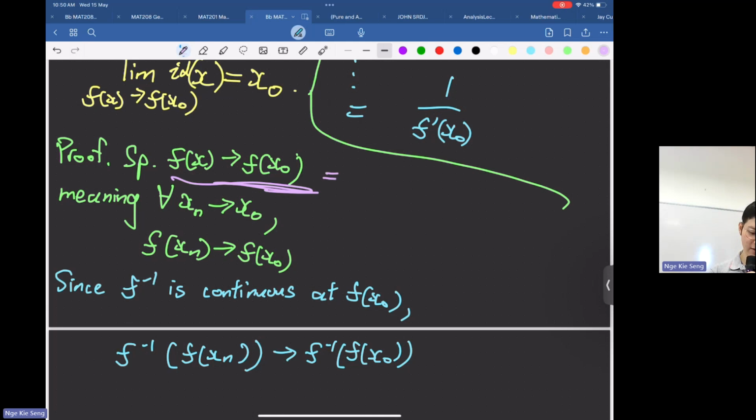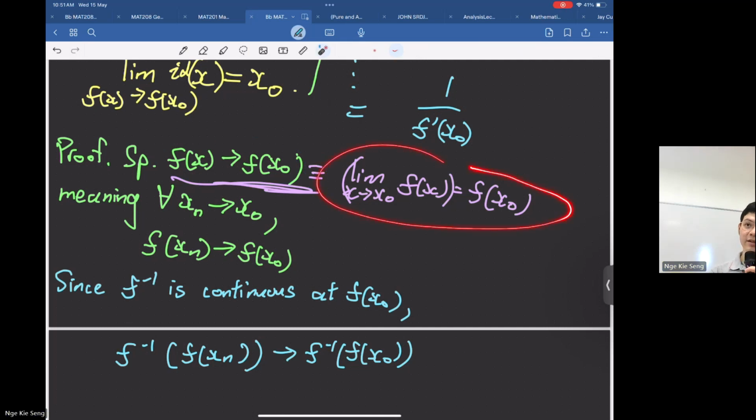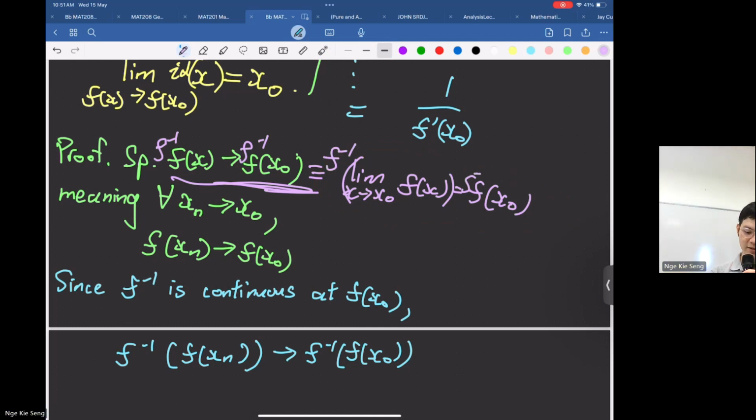This line means the limit of x to x naught of f(x) equals f(x naught). It is only a shorthand notation for this limit. So what does it mean to apply the inverse on both sides? You can only apply it to the sequence, remember?